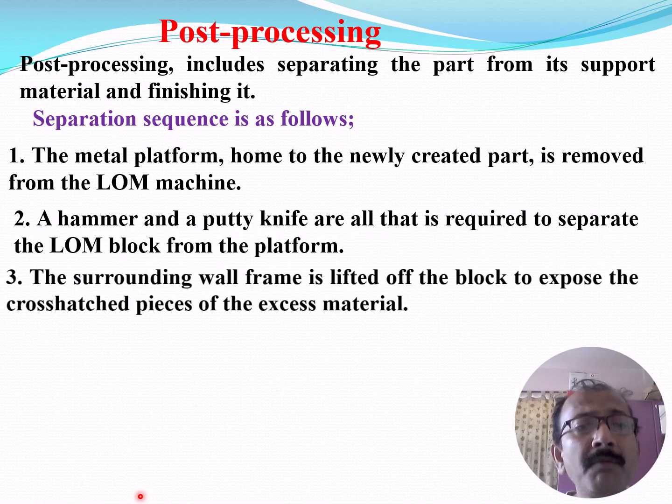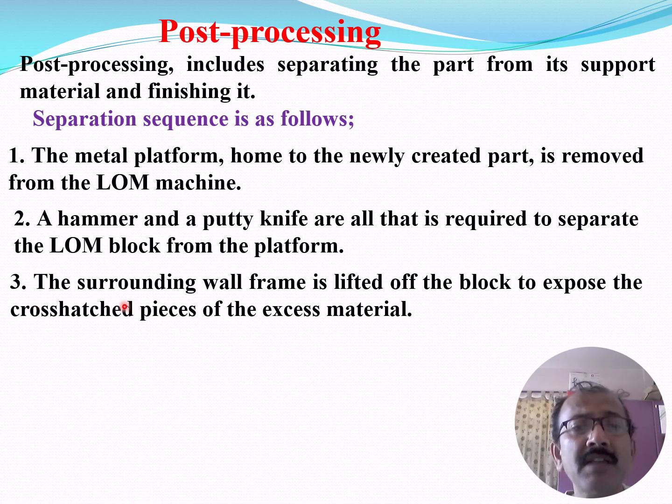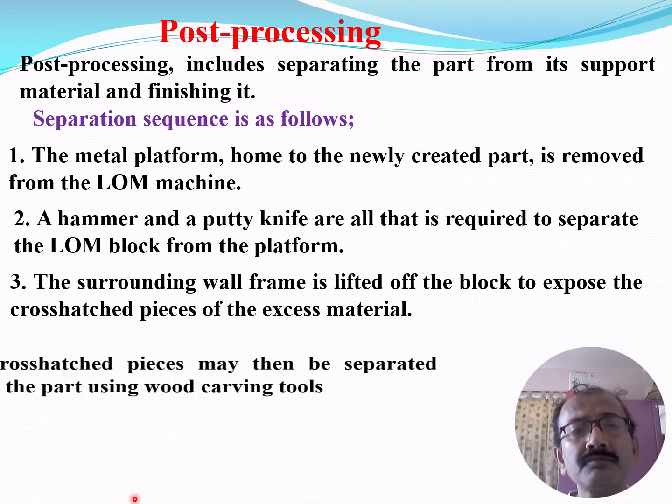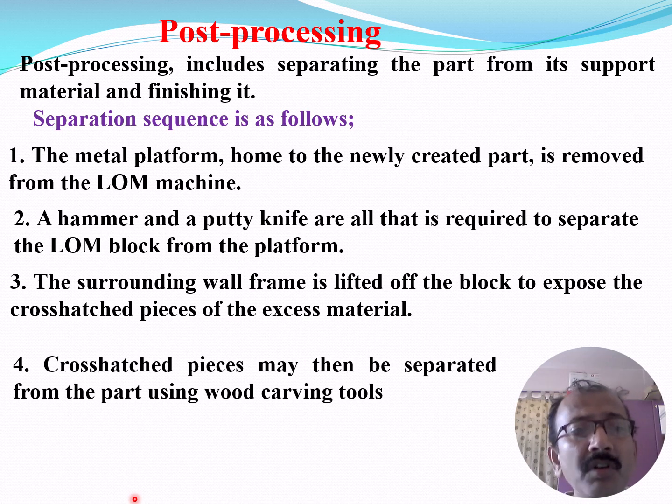Number three, the surrounding wall frame is lifted off the block to expose the cross-hatched pieces of the excess material. And number four, the cross-hatched pieces may then be separated from the part using wood carving tools.